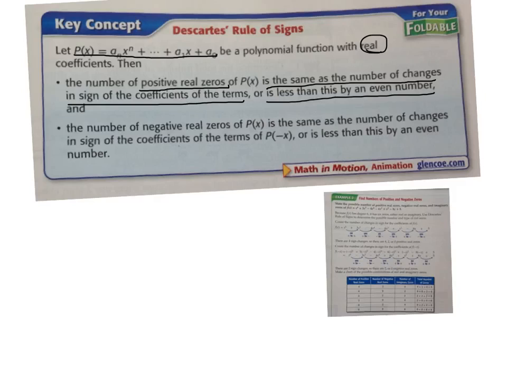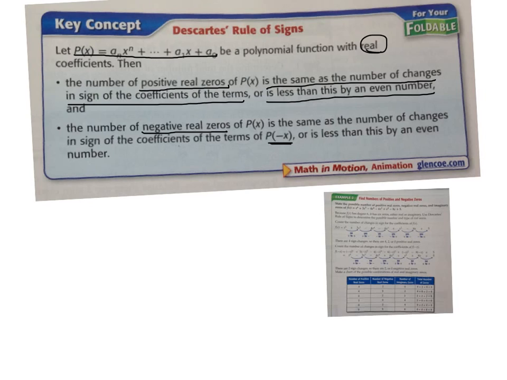And also, if you plug in a negative x and then count the number of changes in the signs of the coefficients, then the number of negative real zeros is the same as the number of changes in the signs of the coefficients, or less than this by an even number.